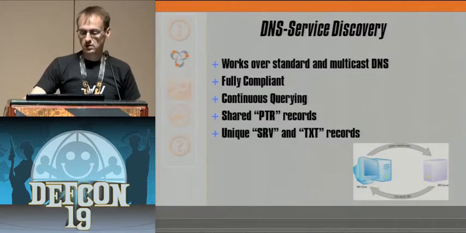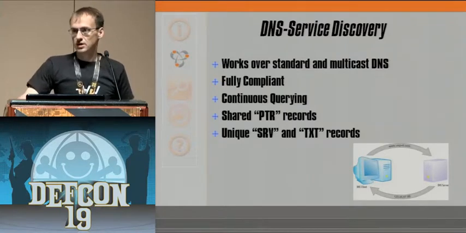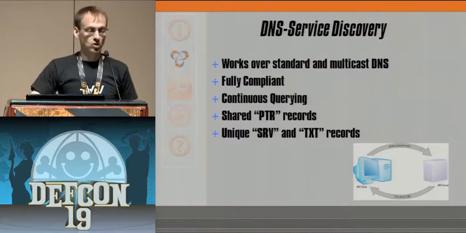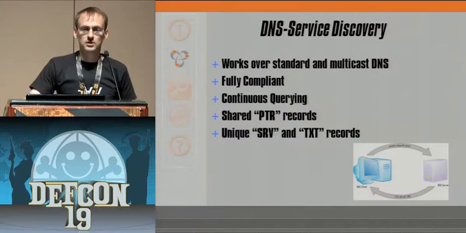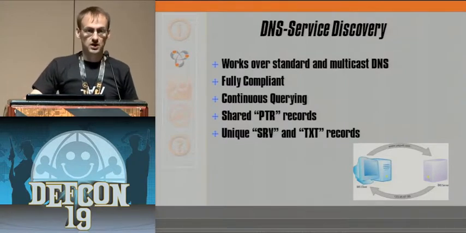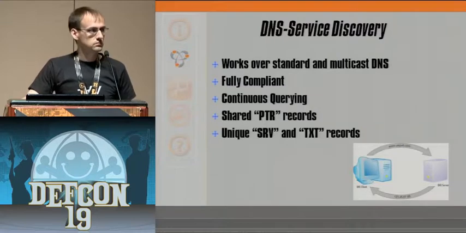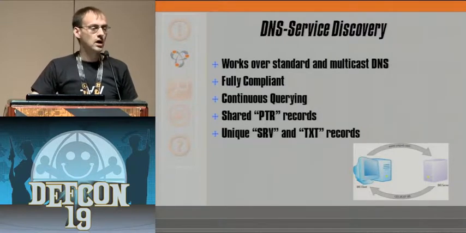It works over standard and multicast DNS. However, when it operates over multicast DNS, it is fully compliant. It is involved in continuous querying, because if a user or a piece of software wants to utilize one of the services available out there, it wants to make sure that the list it has to select from is fresh and valid. So it's always going to constantly be querying and collecting responses in order to make sure that that list is valid.